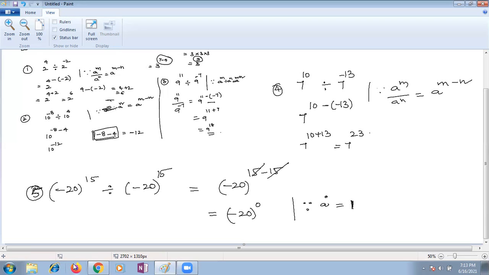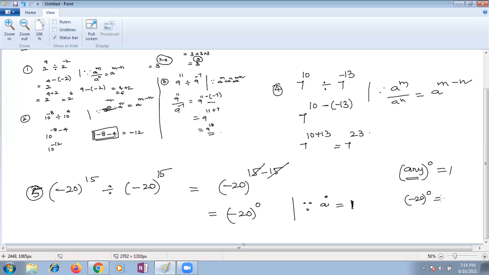Ma'am, can it be positive or negative 1 or only 1? How will you get a negative 1, Harini? Any number raised to power 0 is 1. Ma'am, because 15 is odd.